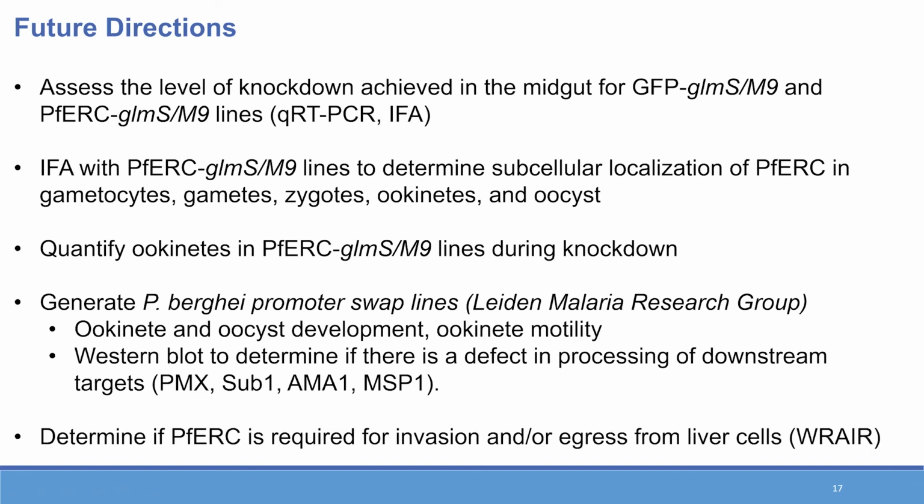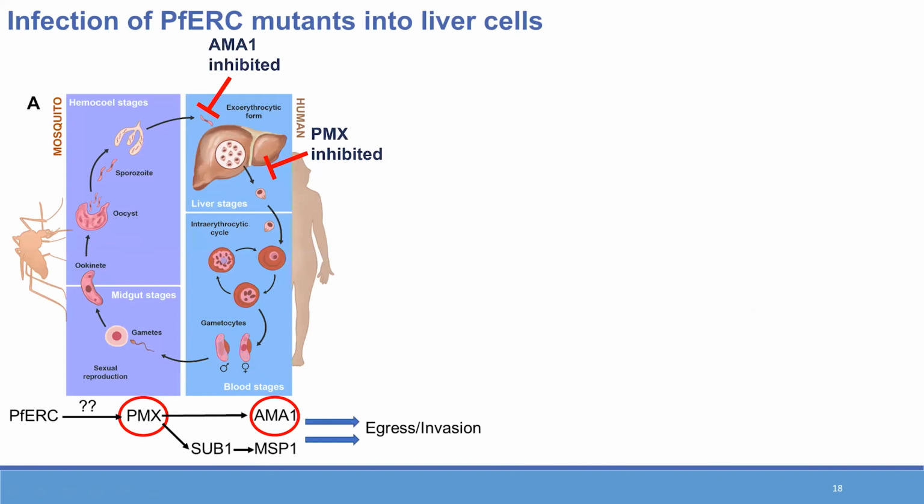The last thing we've been working on is to determine if ERK is required for invasion and/or egress from the liver cells. This is my last slide. We are interested in whether ERK may be required for invasion or egress from liver cells. Studies using an AMA1 inhibitor have suggested that AMA1 is required for invasion of the liver.